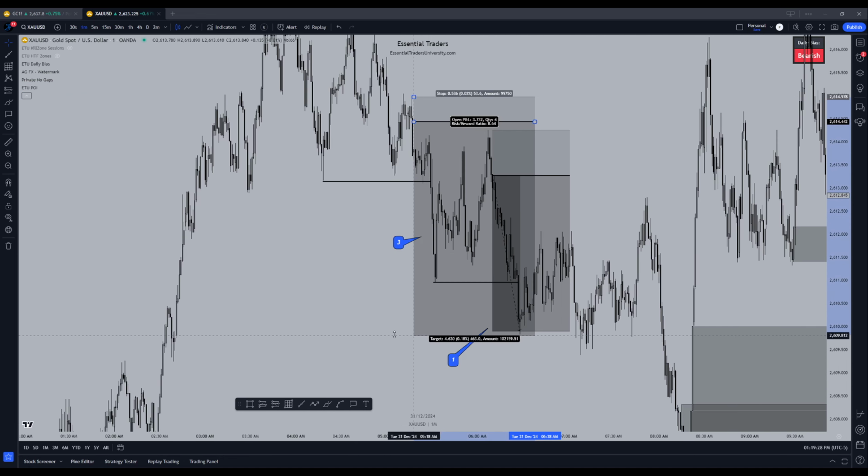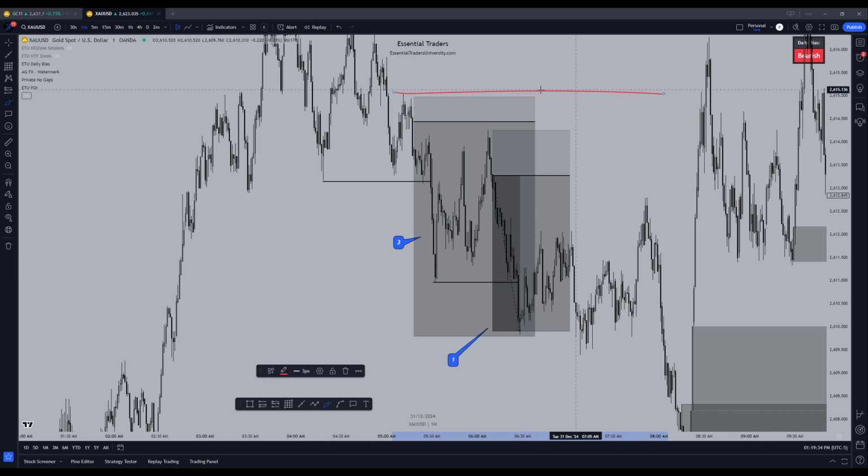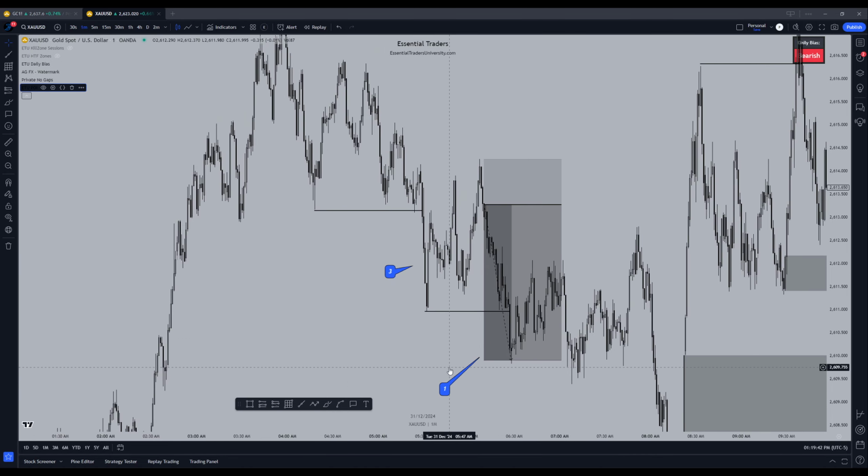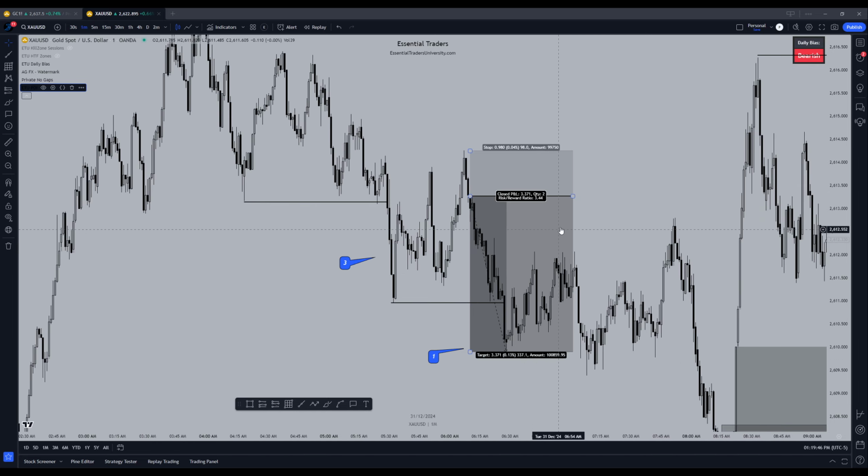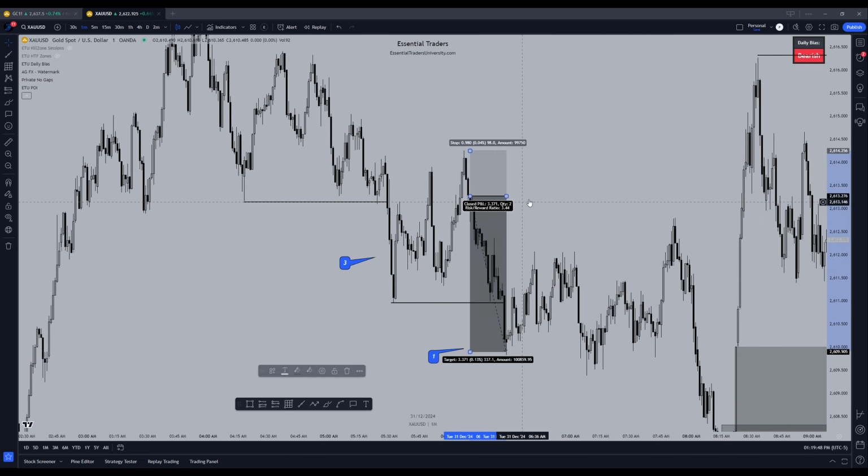You don't want to be maybe targeting too far here because price could definitely reverse on you. And typically it won't take out this high because you expect this high to be protected or strong. But again, you never know, right? Price could do the liquidity sweep and then continue. So make sure you still have conservative TPs. Don't have too aggressive TPs whenever you're trading, especially if you want a higher win rate.